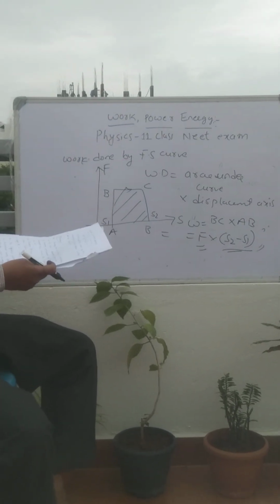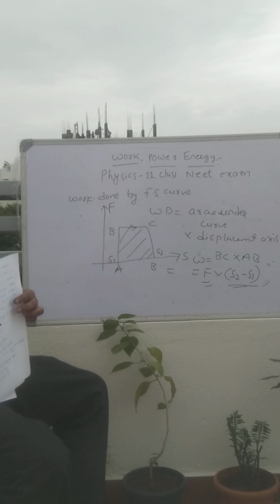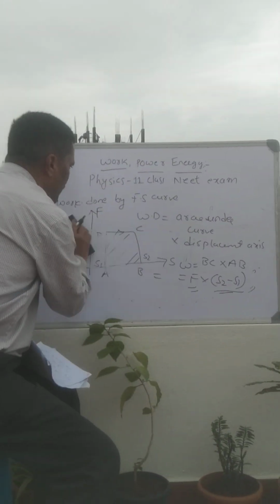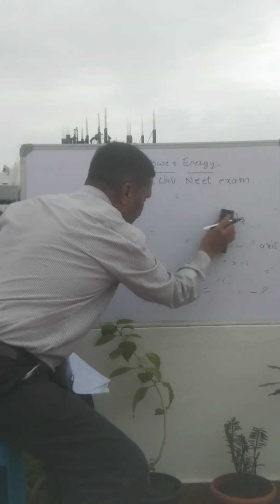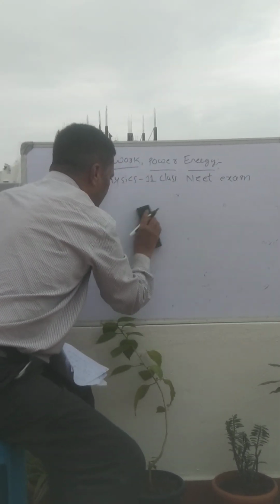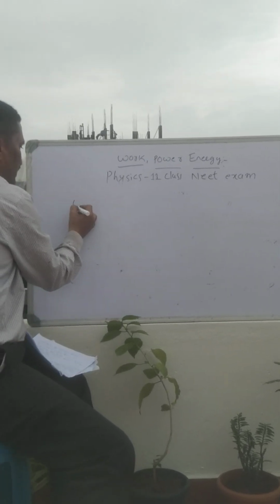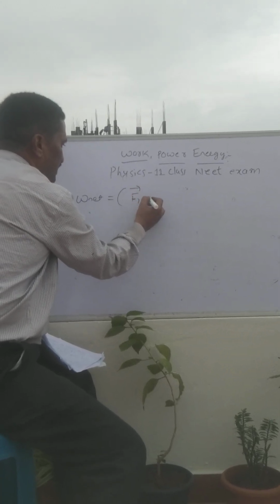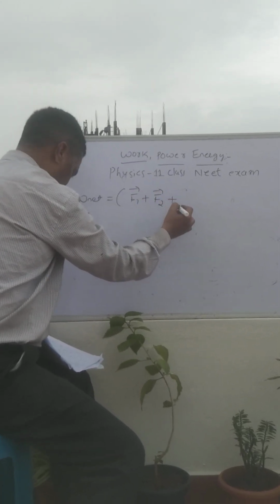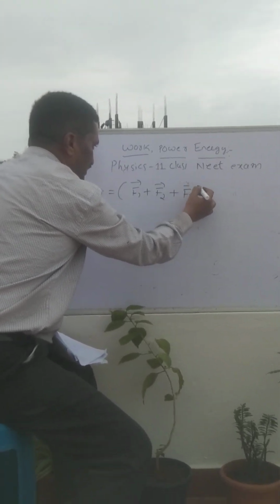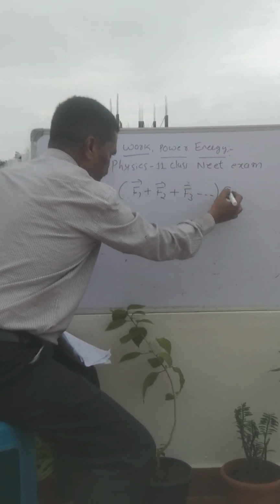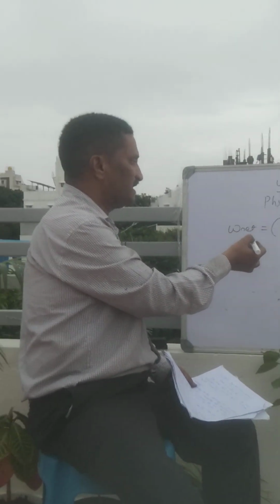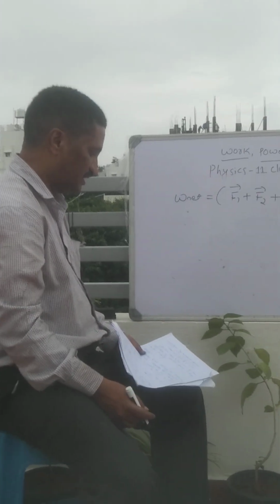Now I want to calculate the total work done by multiple forces. If the number of forces is more than one, how do you calculate the work done? Let us take an example of work done by a number of forces. If there are more forces, we can take F1 plus F2 plus F3, with displacement S. The net force is F1 plus F2 plus F3, multiplied by the net displacement.